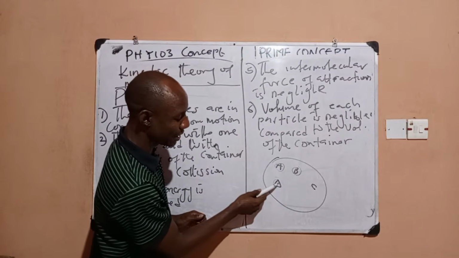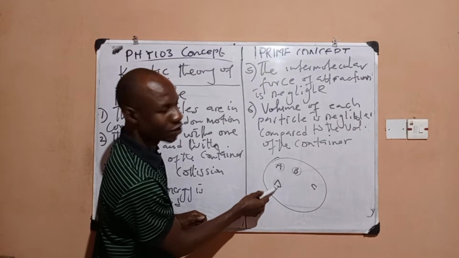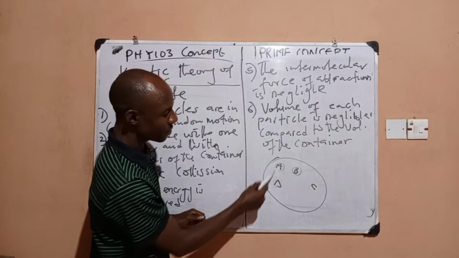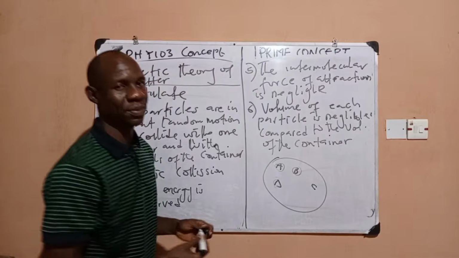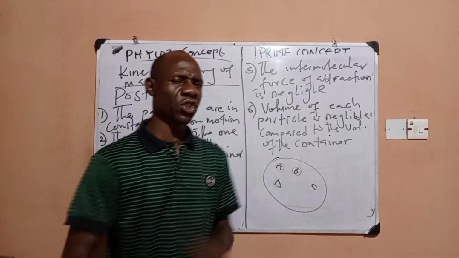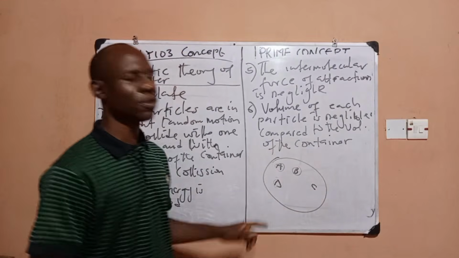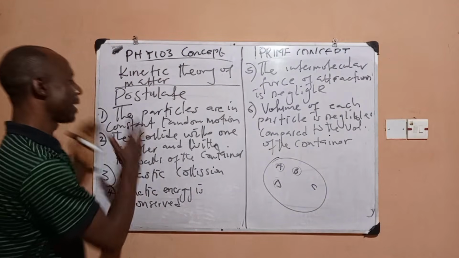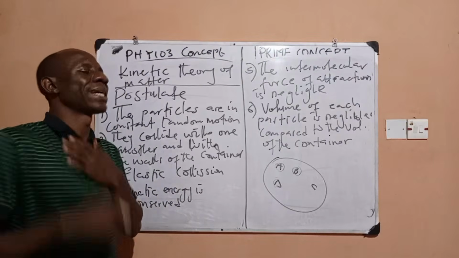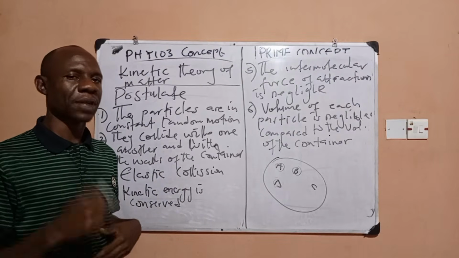But what we are saying is that D does not have volume. So it means that D does not even occupy any space. A does not even occupy any space. They don't have what? Volume. Their volumes are negligible, very small compared to the volume of the whole container. So these are the assumptions or postulates that were made by kinetic theory of gases.